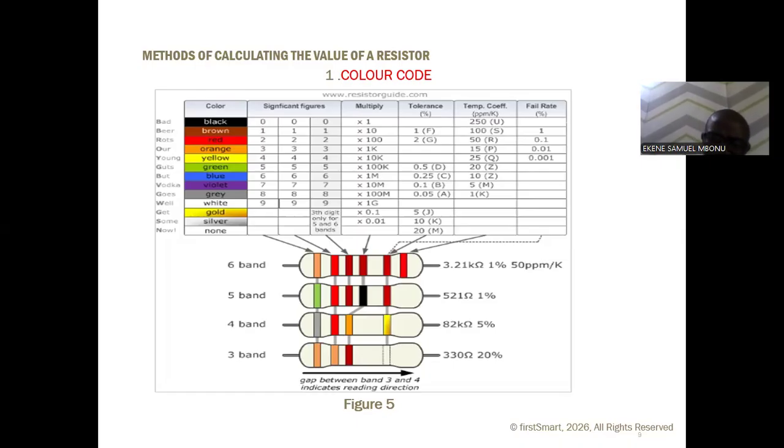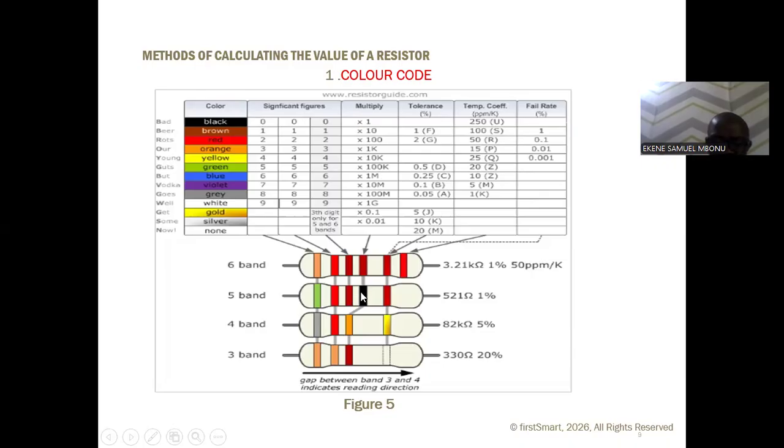The digits are 521, because this is green, which is 5, this is red, which is 2, and this is brown, which is 1, so 521.